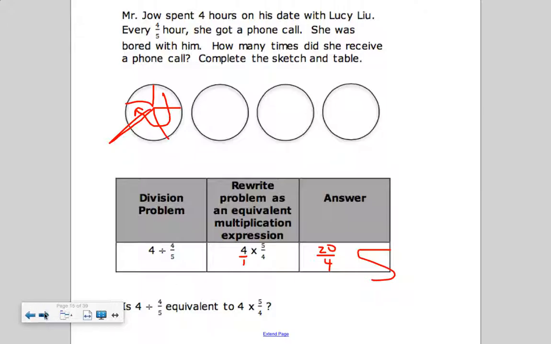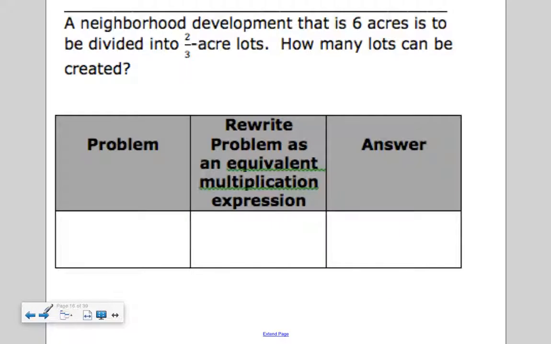Because I'm so exciting. A neighborhood development that is 6 acres is to be divided into 2/3-acre lots. So I want to know how many 2/3 go into 6 acres. If you want, I could draw 6 circles and find how many 2/3 go in there, or I can use fraction bars. But I'm not going to.